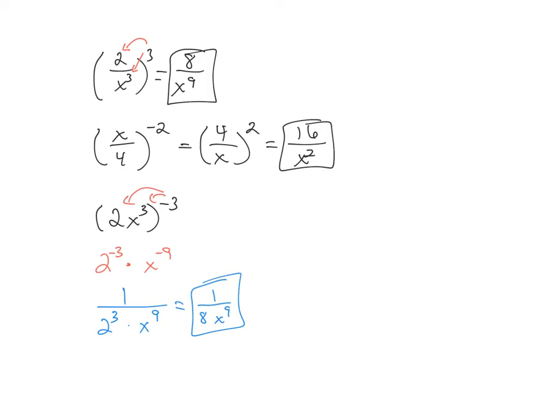Okay, so you could just start off by putting the whole thing on the bottom. Here's another way to think of it: there's a negative exponent on the outside, so all this just comes down to the bottom. 2 to the third power is 8. 3 times 3 is 9.